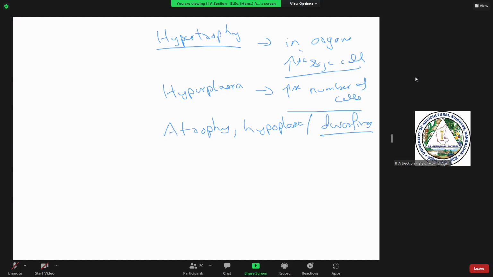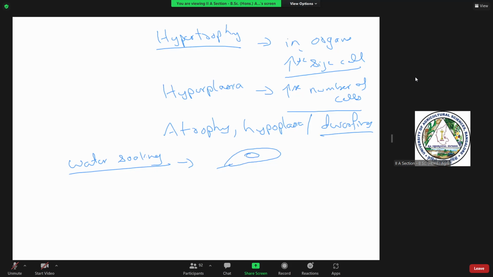Another type of symptom we see in fungal as well as bacterial diseases is water soaking lesions. It is commonly seen in many of the plants.